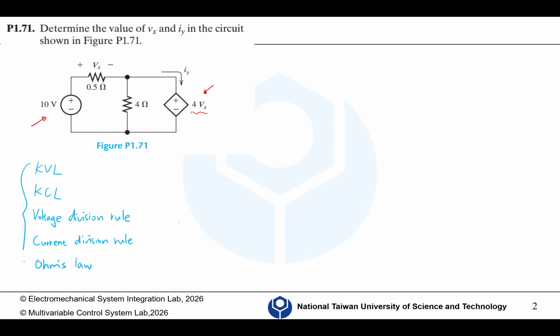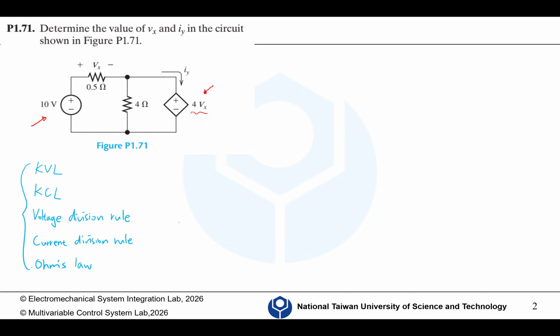There are simple rules to calculate the current. Of course, later on we will introduce more complex techniques such as nodal voltage analysis and mesh current analysis. But for a simple circuit, these 1, 2, 3, 4, 5 rules should be enough to solve the problem. So we go back to this example. How can we solve it?